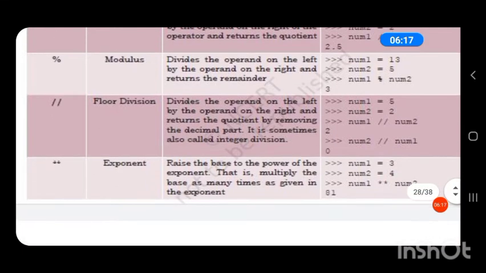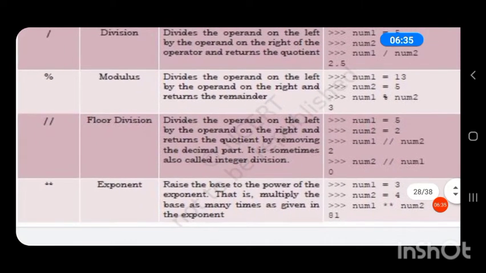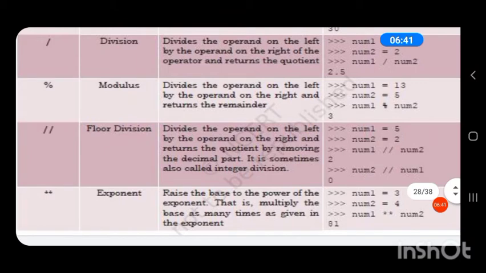But in floor division, we won't get 2.5, we will get the value 2, because floor division removes the decimal part from the answer and produces only the integer value.